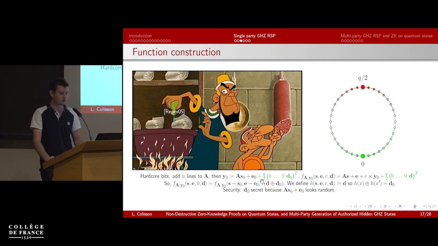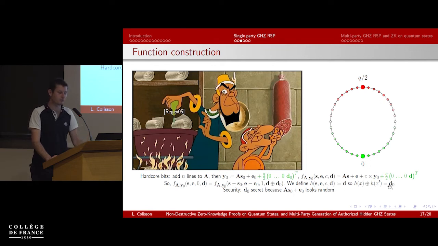Because you're working modulo Q over 2, the second preimage will be S minus S0, E minus E0, 1, and D XOR D0. So we always have two preimages, most of the time, and the XOR of this last element is always the constant D0.